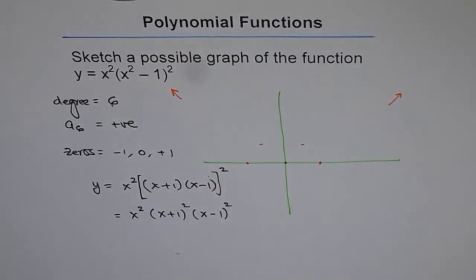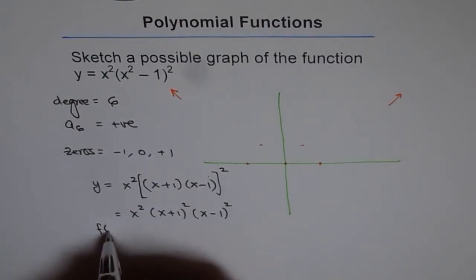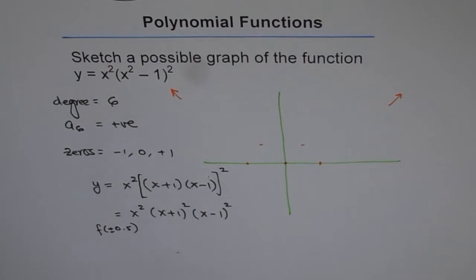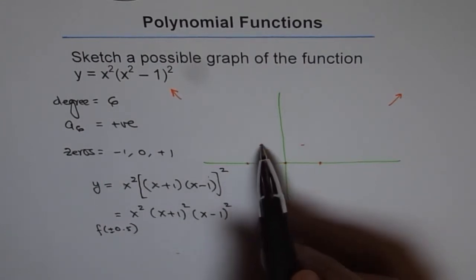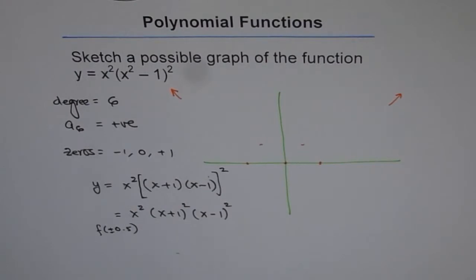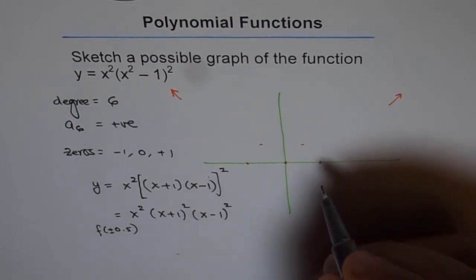Or if you want more accuracy, you can find the value at plus or minus 0.5; if you plug 0.5 in, you can calculate the value, and that will give you one point there. But we'll not get into that detail. When we say sketch a possible graph, it means approximations will be considered.